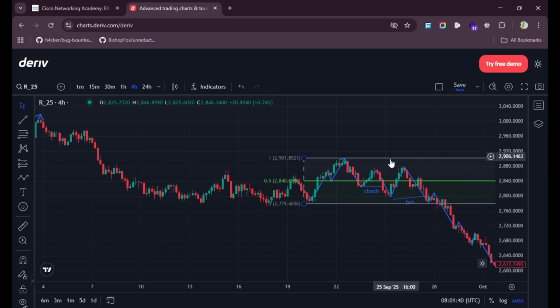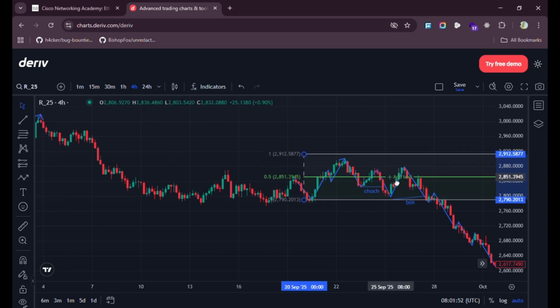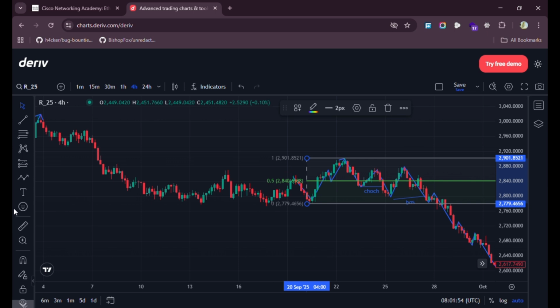So you wait for the market to come to your premium level for you to sell. So your entries will be from 50% to 1 at this level. This is where your entries will be, these points.